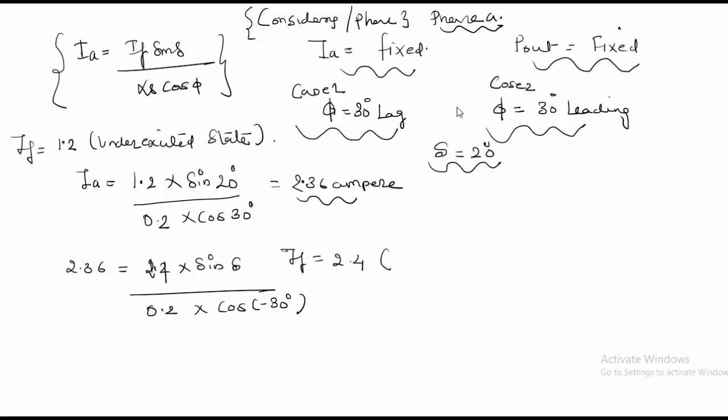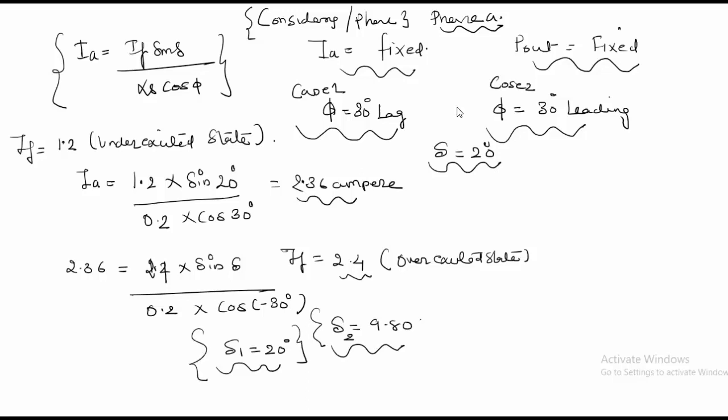This is an overexcited state, and in this state the delta which I am getting is equal to 9.80. So this is my delta 2, and delta 1 was equal to 20 degrees. So there is a change in the delta.